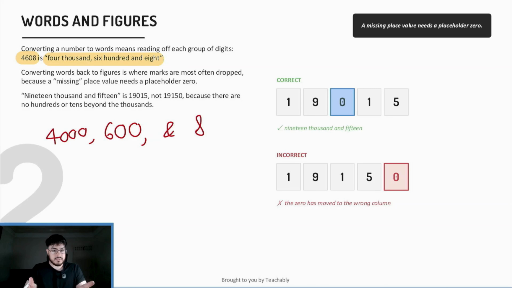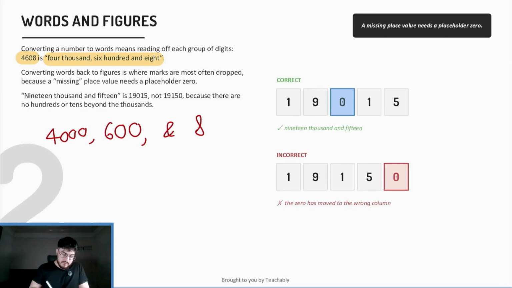Do we see anything missing? We do. Because we know this is the thousands. It's referring to thousands. This is referring to hundreds. But there's no reference to the tens column. There's only a jump where it says and then it says 8. And so that's referring to the units. If it was referring to the tens, it would say 80.